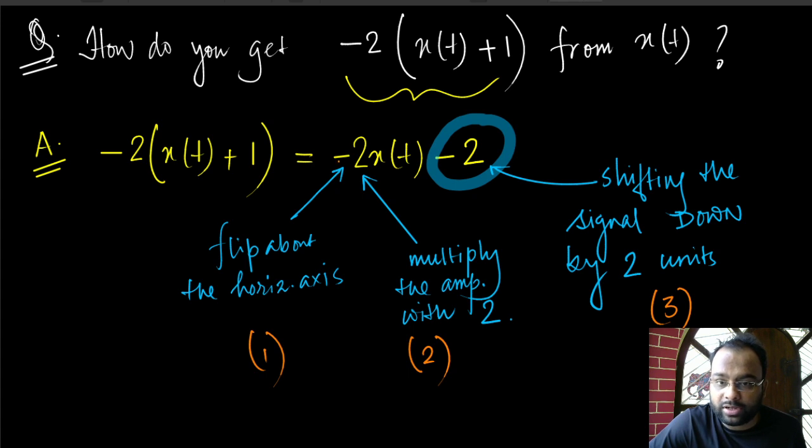The minus sign takes precedence first, so flip the signal about the horizontal axis first if the minus sign is there, otherwise don't worry about it. Then take care of the amplitude scaling factor, and then the amplitude shifting factor. If there is a plus sign in the amplitude shifting factor, the signal is shifted upwards, and if there is a minus sign, the entire signal is shifted downwards.